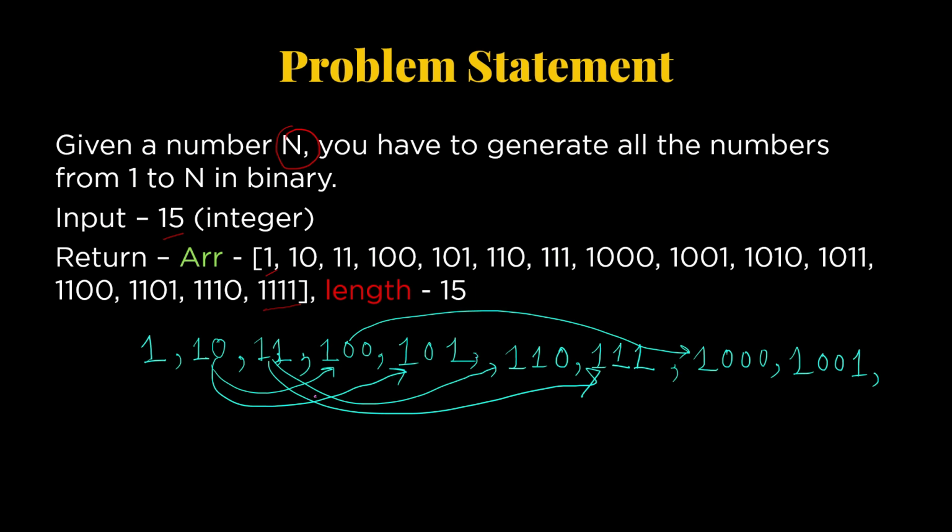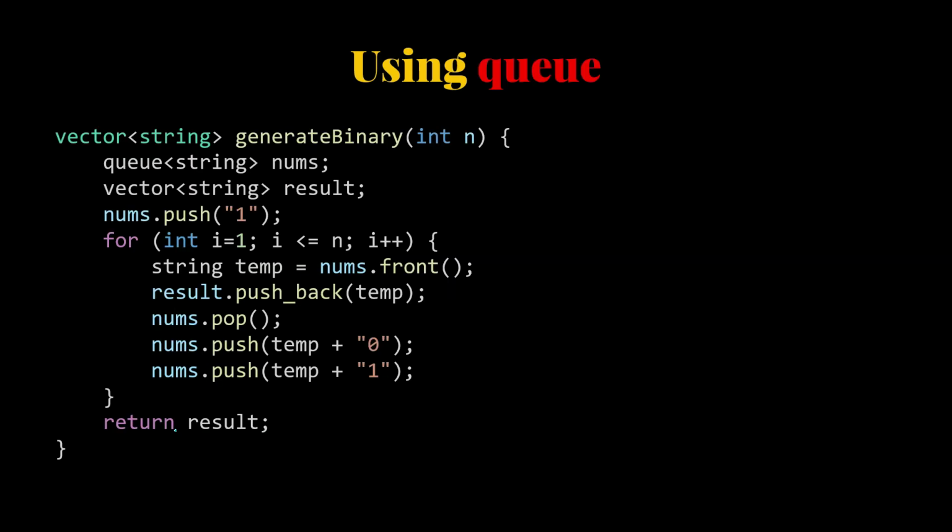To do this we use a queue data structure. Let's jump into the code to understand how to use the queue to generate these numbers.